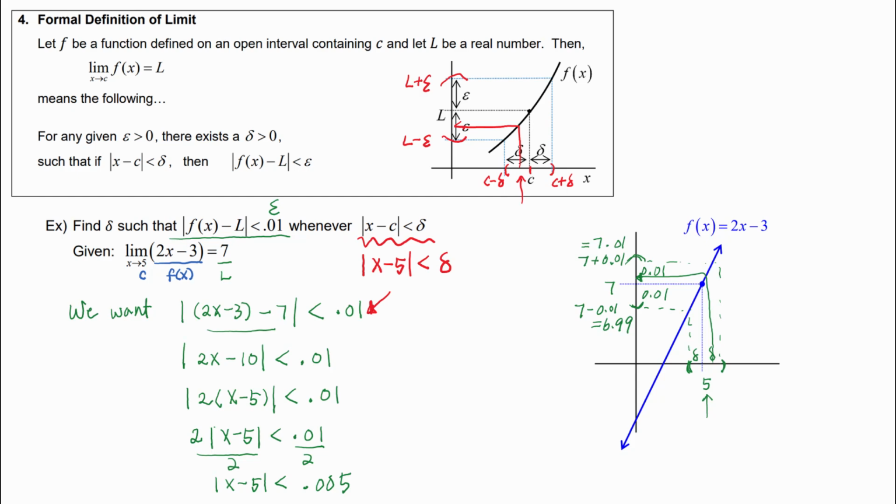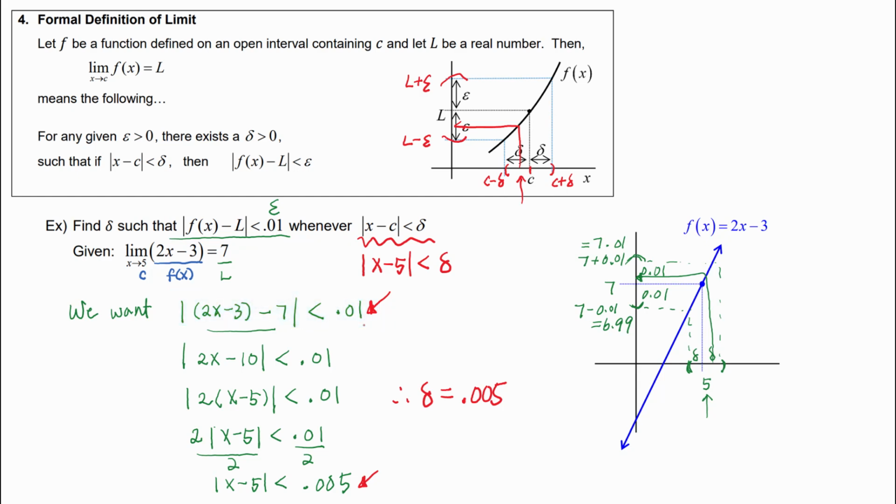But to have this result, we found out that the absolute value of x minus 5 has to be less than 0.005. So therefore, we found our delta. Our delta has to be 0.005, because if delta is 0.005, the absolute value of x minus 5 will be less than 0.005, and therefore the absolute value of f of x minus 7 will be less than 0.01.